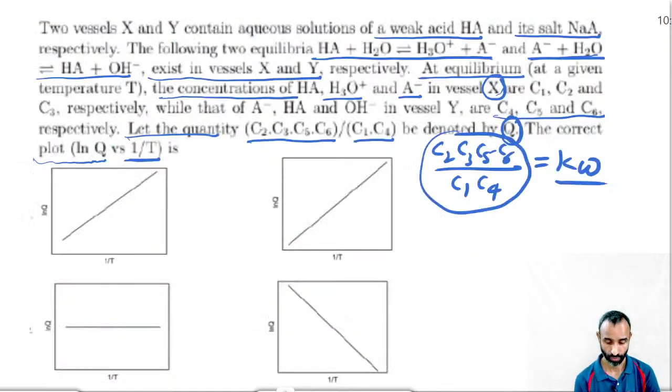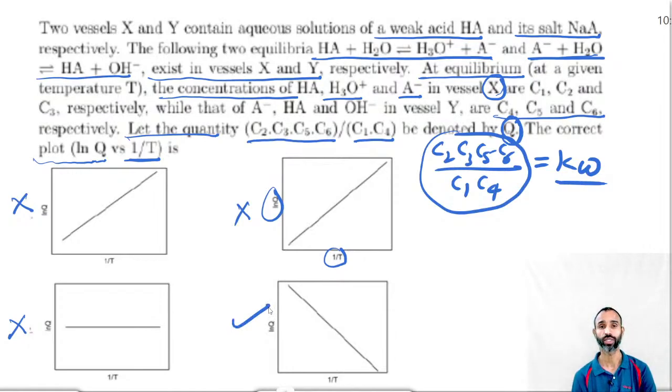So that's why the graph which is true is the one where natural log of Q versus 1 upon T shows a downward movement.